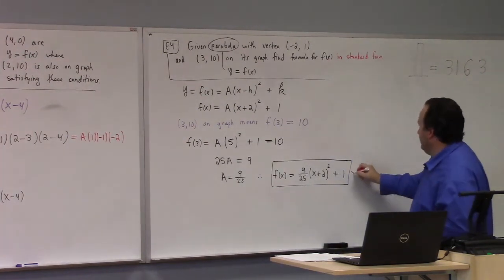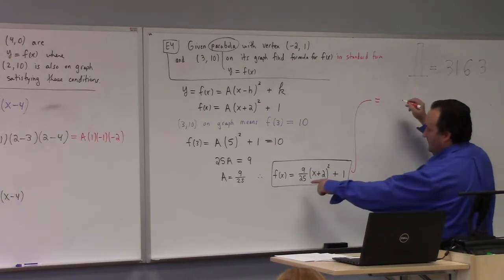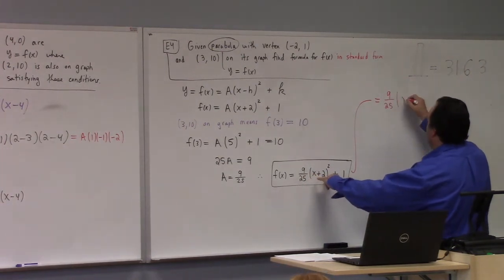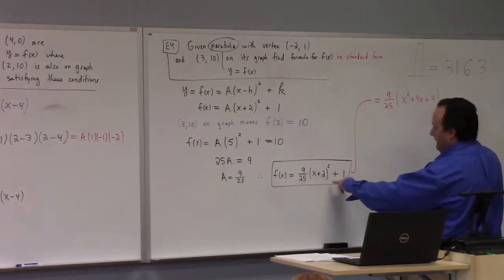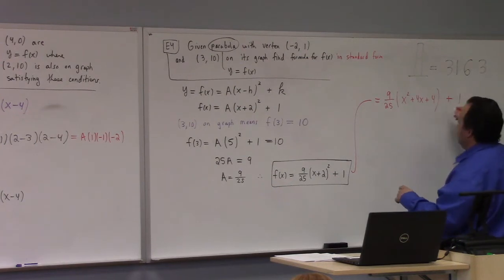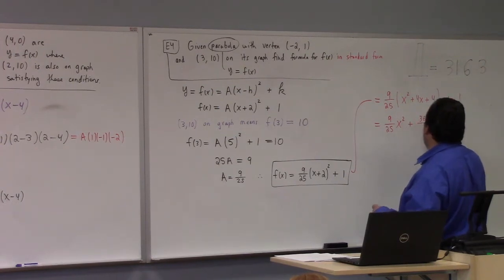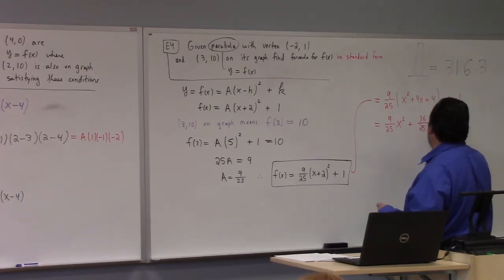So to get that, I multiply this out, right? This is 9/25 times (x plus 2) squared. What's x plus 2 squared? It is x squared plus 4x plus 4. All of that we add 1 to. And so what we have here is 9/25 x squared plus 36 over 25 x.